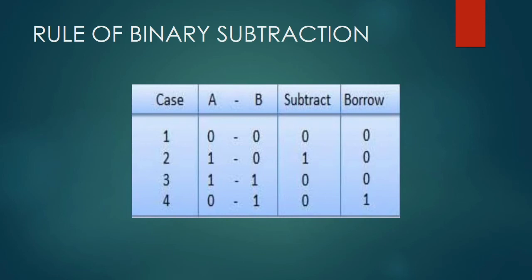The above first 3 operations are easy to understand as they are identical to decimal subtractions, right? The fourth operation can be understood with the logic 2 minus 1 is 1, like 0 minus 1 is 1 and borrow is 1.